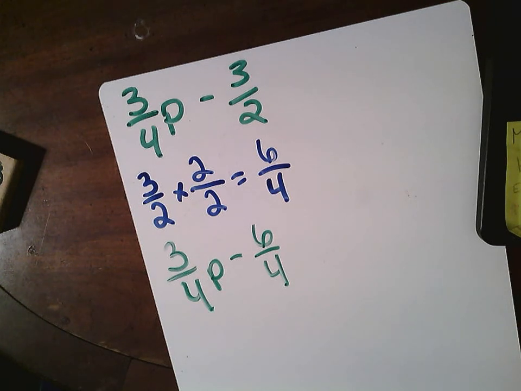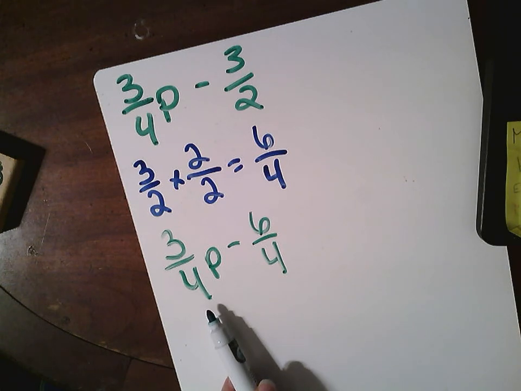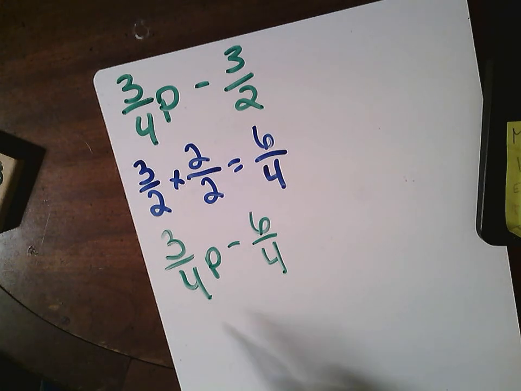So remember, what we do first is think, what can I pull out? So I'm going to try to pull out a 3 over 4. So if I think 3 over 4 p is 3 over 4 times what?